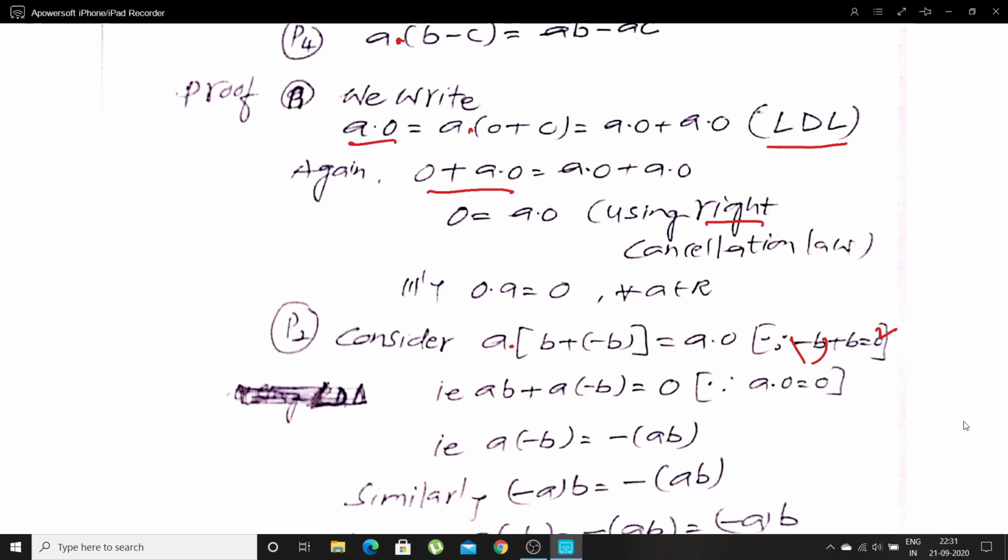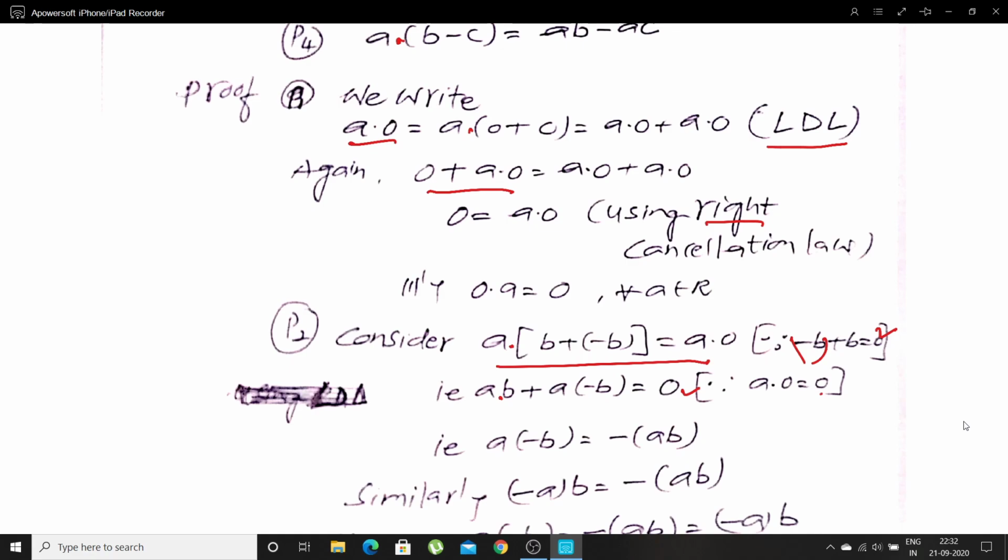In place of 0, I'll write b plus of minus b, equal to a dot 0. Using distributive law, a dot b plus a dot of minus b equal to 0, because we know the first property, a dot 0 equal to 0.